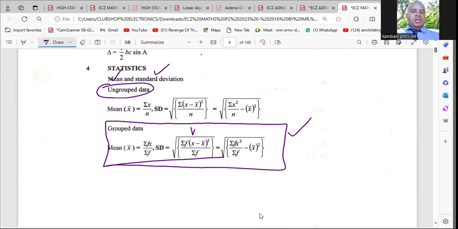There is this formula for this one. You realize that I just gave you this. This one is the one that is different. Yeah, this one. Match. Is that okay?